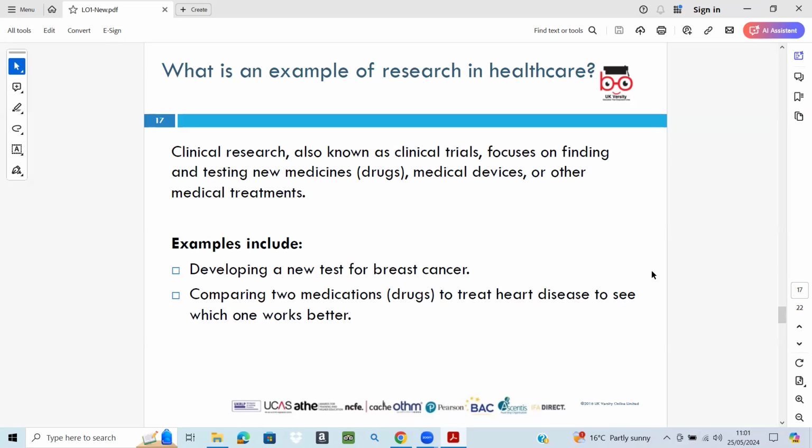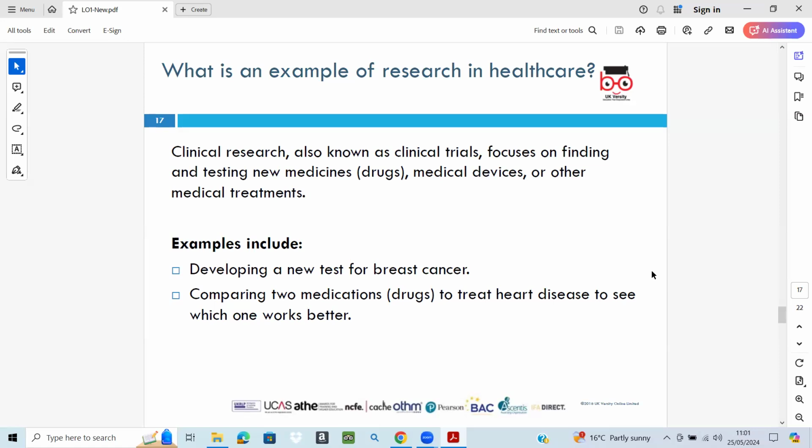Clinical trials may evaluate the effectiveness, reliability, and feasibility of new diagnostic technologies such as imaging techniques, genetic testing, or biomarker analysis for breast cancer detection.